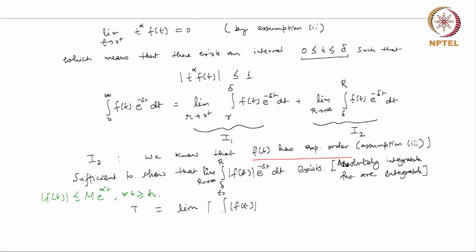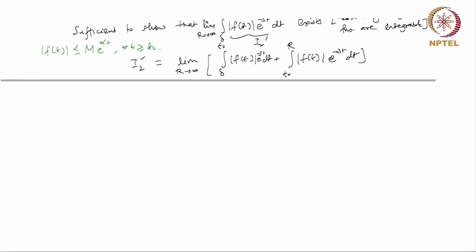This is not really I2 because I2 doesn't have the modulus of f(t), so let me call it I2 prime. I am breaking up the integral inside the limit from delta to t naught and from t naught to r, of modulus of f(t) e to the power minus st dt.